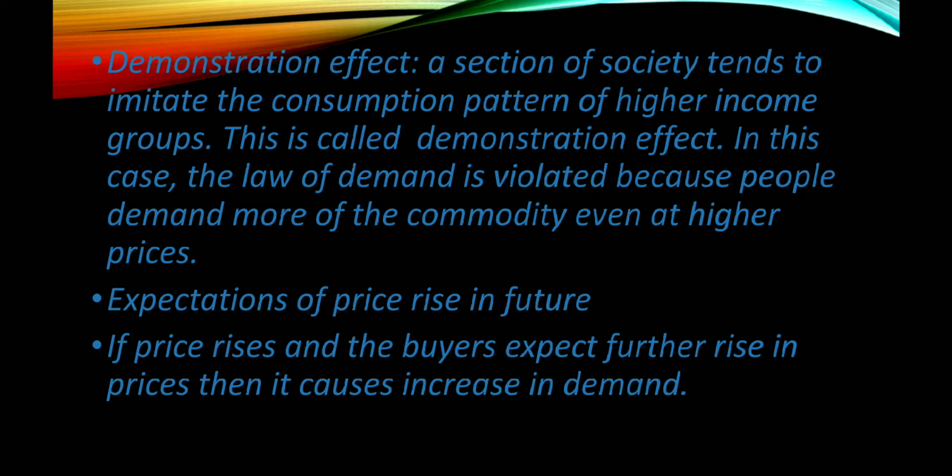If price rises and the buyers expect a further rise in prices, then it causes an increase in demand. These are the exemptions to the law of demand: the case of Giffen goods, Veblen goods, demonstration effect, and expectation of a price rise in future. These are the important exceptions to the law of demand.